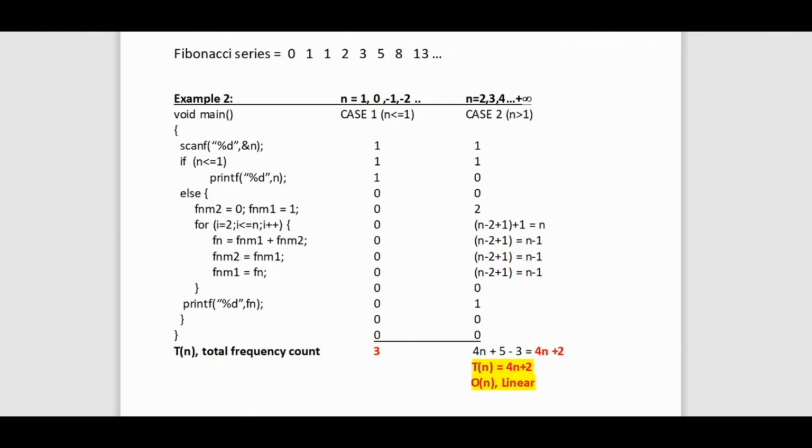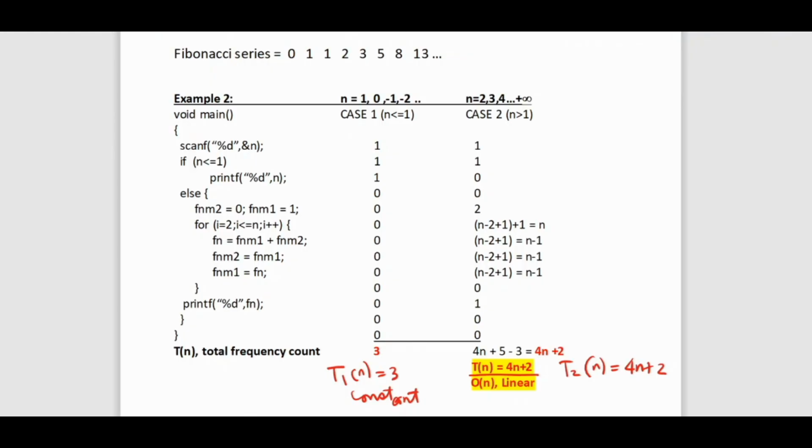The first case, let's just denote this total frequency count as T1 of n is 3. As mentioned a while ago, it is a constant running time, while this one we denote as T2 of n, 4n plus 2.